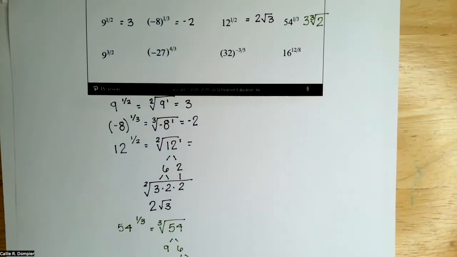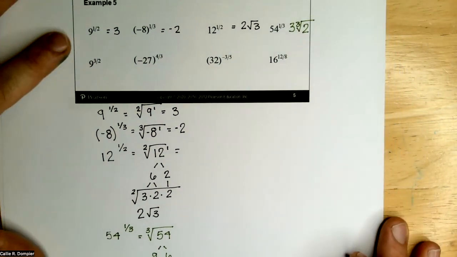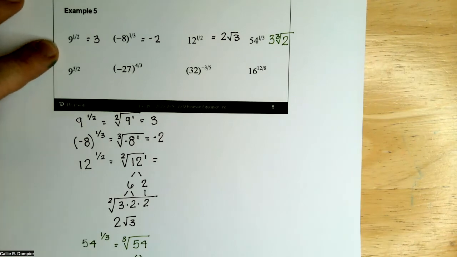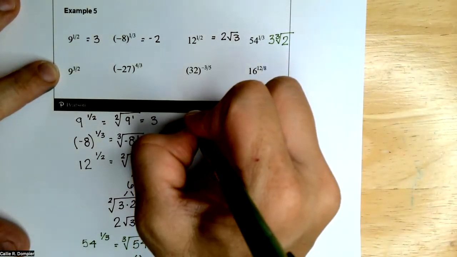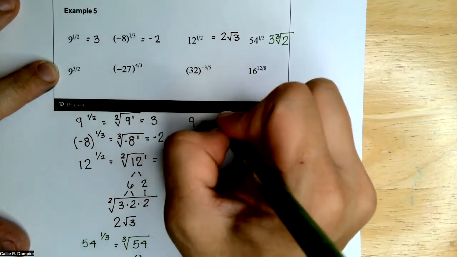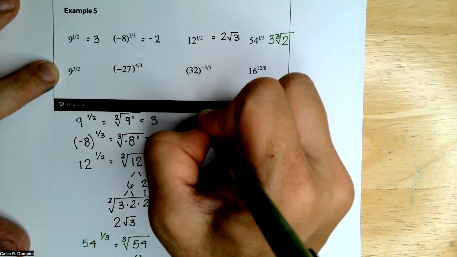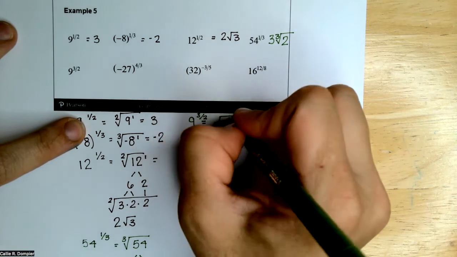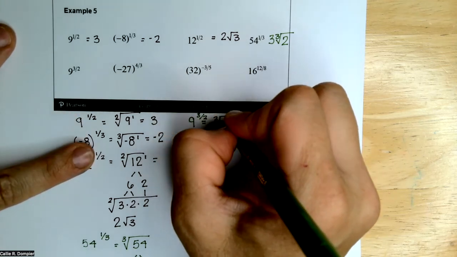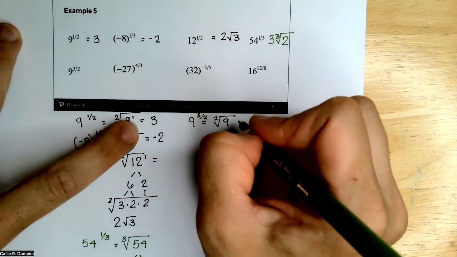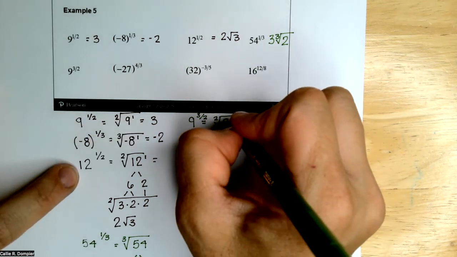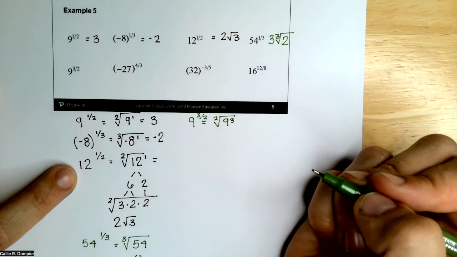So here we had 9 to the power of 1 over 2. Here's 9 to the power of 3 over 2. The way that changes the 9 is the index is still a 2, the base is still a 9, but instead of 9 to the first power, we now have 9 to the third power. Good?